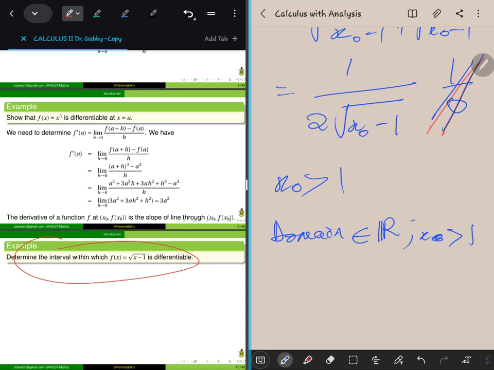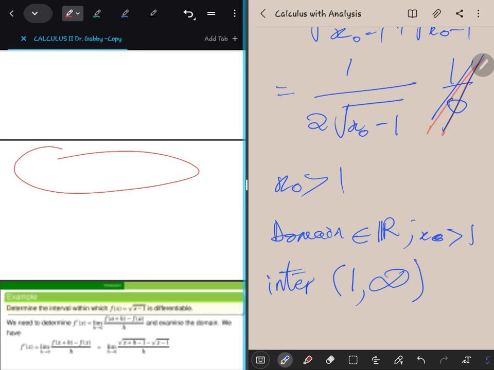We want it to be greater than 1. And within this, because 1 is not part, any number greater than 1 up to infinity will be defined. So we can write the interval this way. Because 1 is not part, it's open on the side of 1, and then we end up getting infinity here.